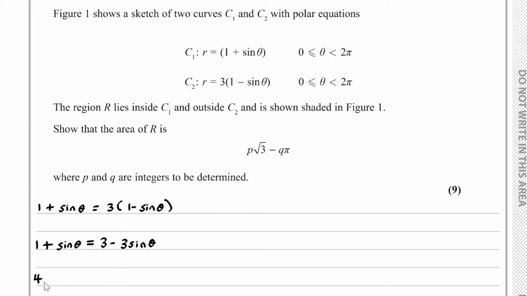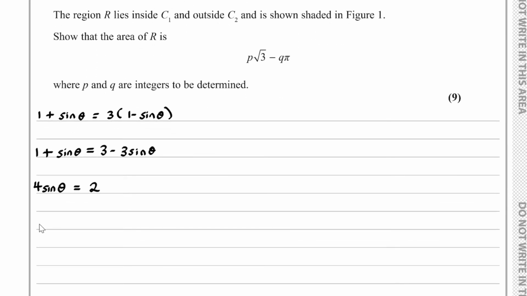So we've got 4 sine theta, which is equal to 2, and you can see here sine theta, that's equal to 1/2, and therefore theta, that's going to equal pi over 6 and 5 pi over 6. And the reason we get the 5 pi over 6, of course, 180, or in other words pi, take away pi over 6, gives the 5 pi over 6.